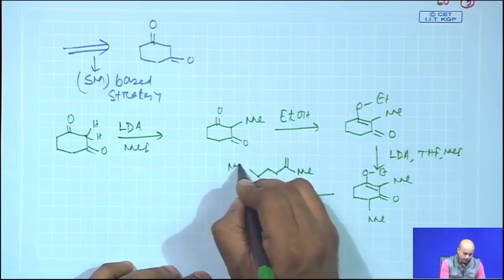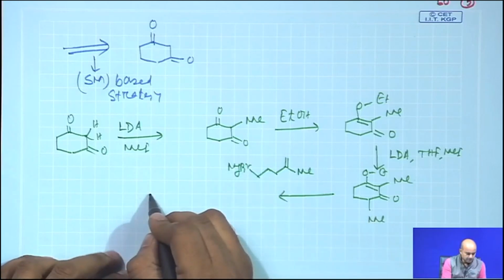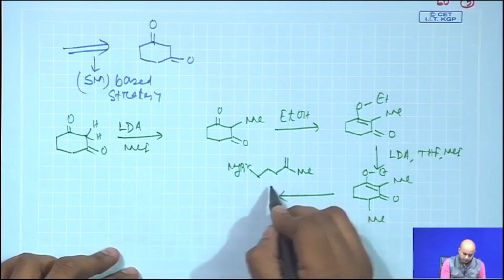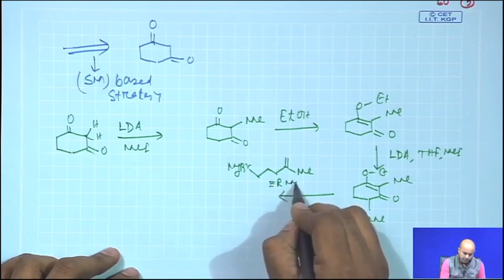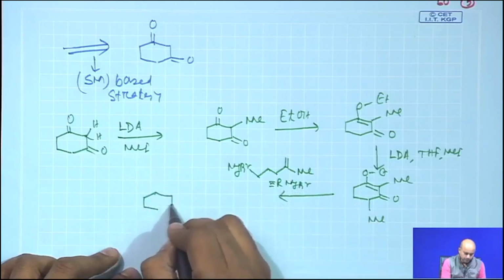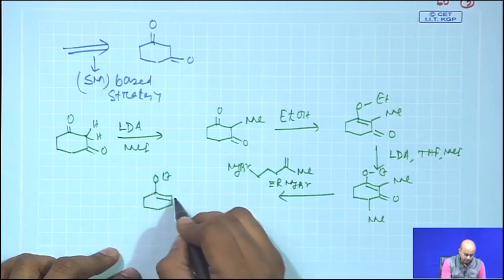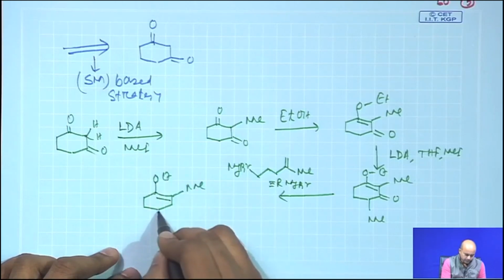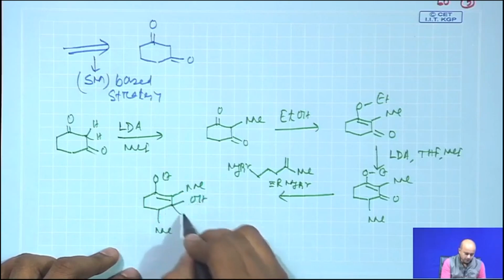So, we will take a Grignard something like this and add it to these things. Now, we write this Grignard as RMgBr to explain the mechanism to you. So, here is the OEt, here is the methyl, here is the methyl, and the Grignard gives OH and R, where R is the entire group.